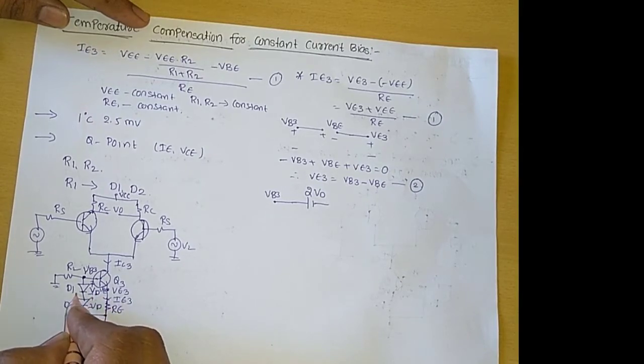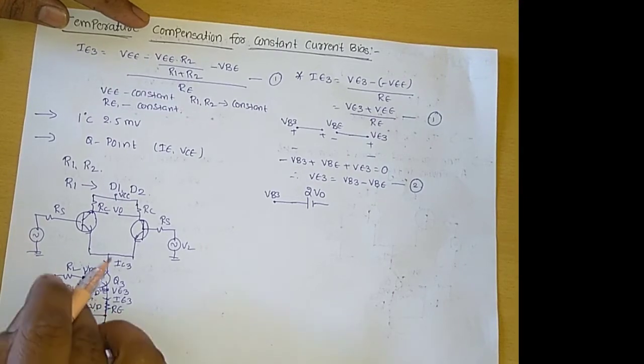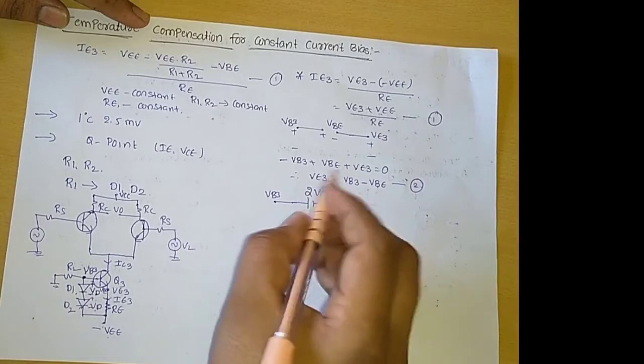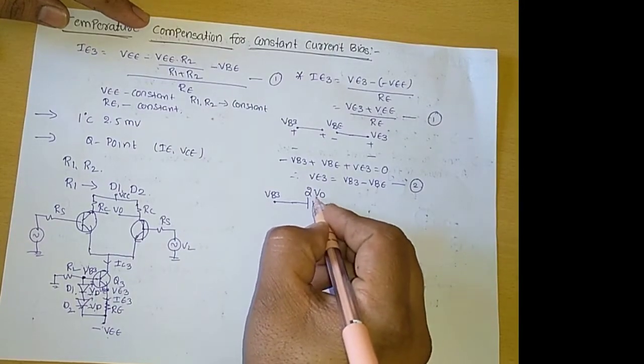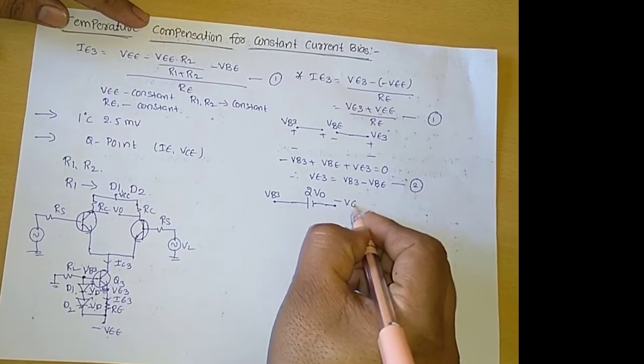The diode D1 voltage drop is VD and the diode D2 voltage drop is VD, so the overall voltage drop across this branch is 2VD, and at the other end we have minus VEE.